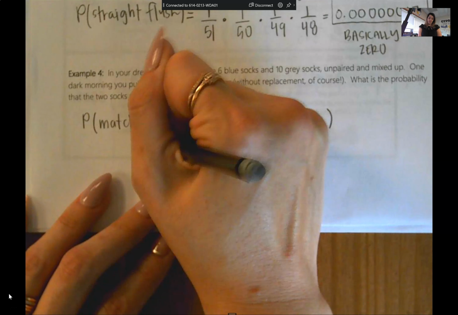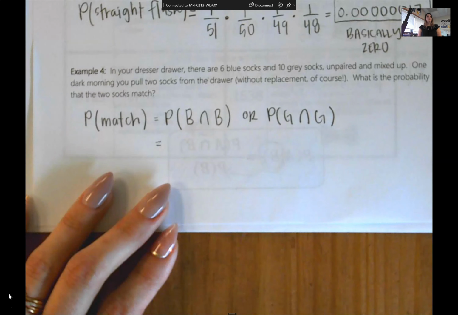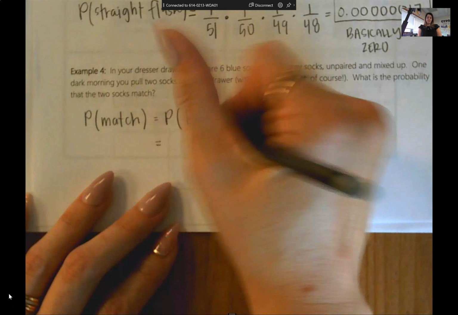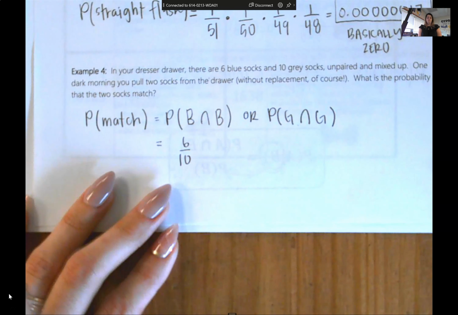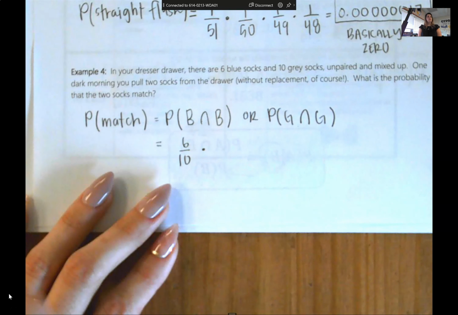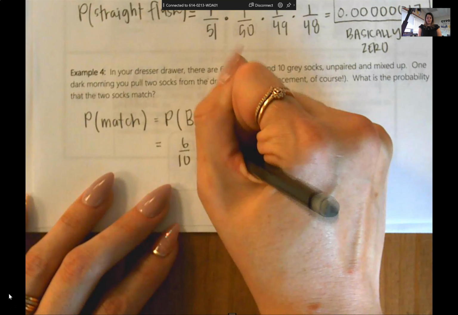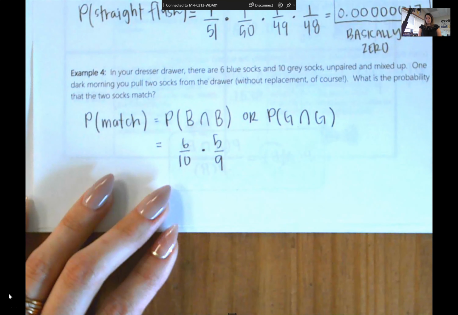Okay, well, the probability that you pull a blue will be 6 out of 16 for the first one. Then what for the second one? 5 out of 15.